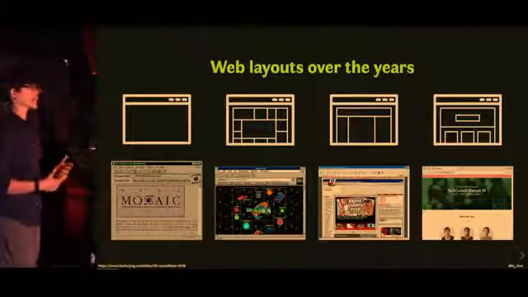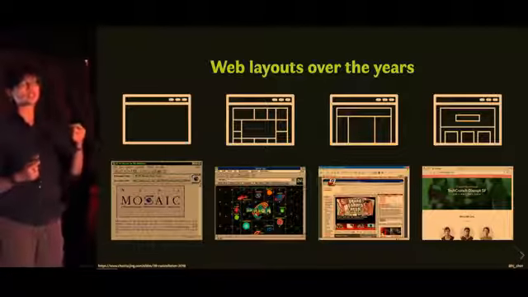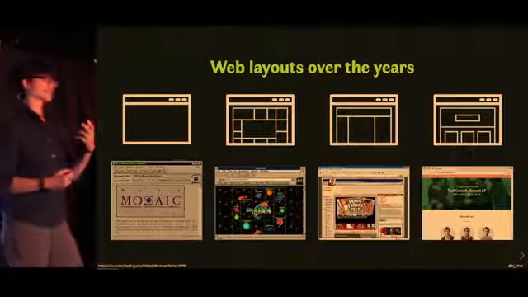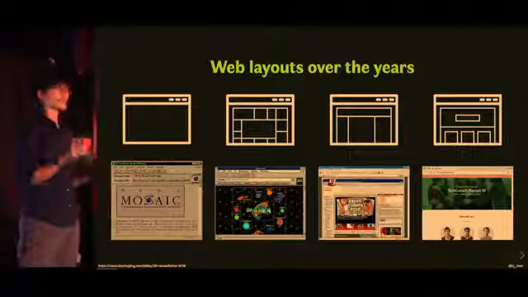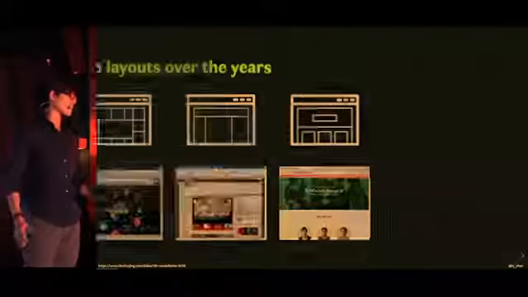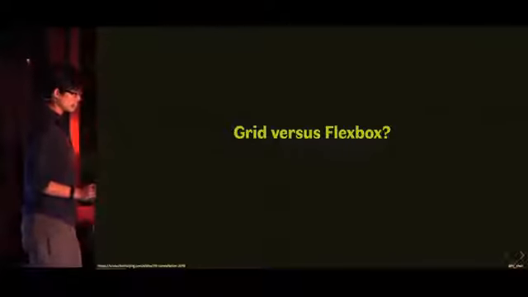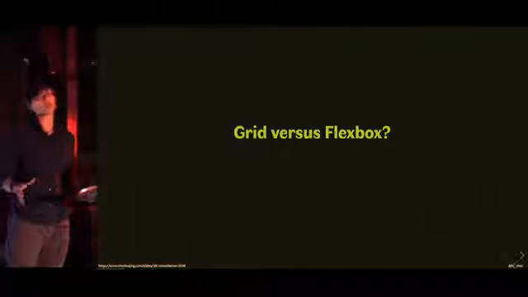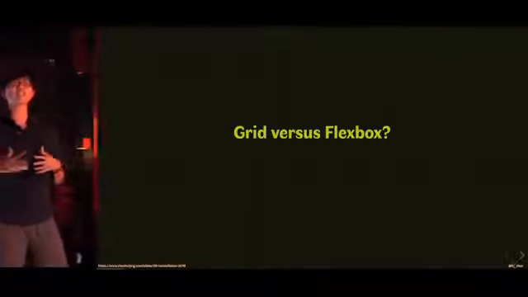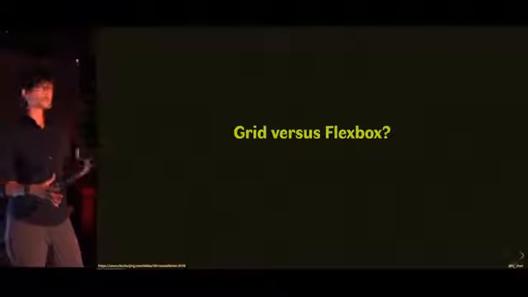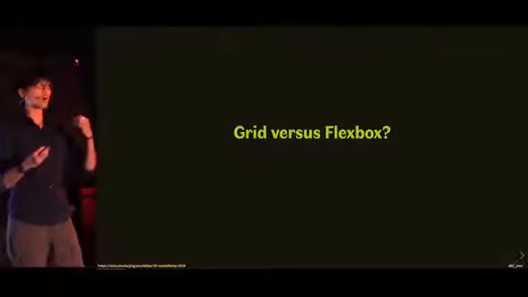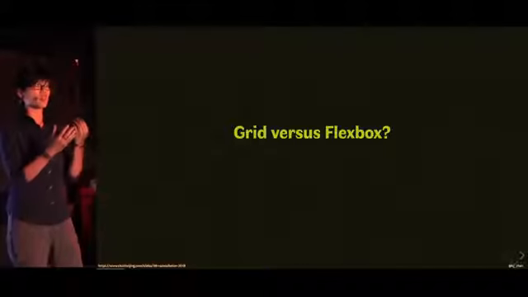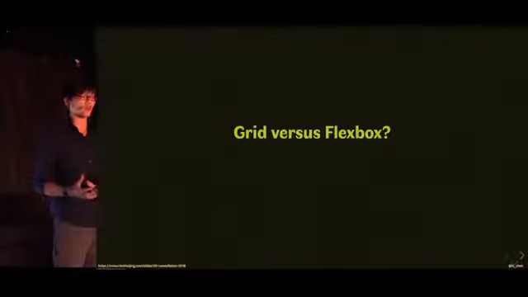So what I'm talking about today is a new CSS property called CSS Grid that can potentially change all of that. So alongside Flexbox, which is also a relatively recent addition to CSS, we now have a means of doing layout on the web that we've never had before.